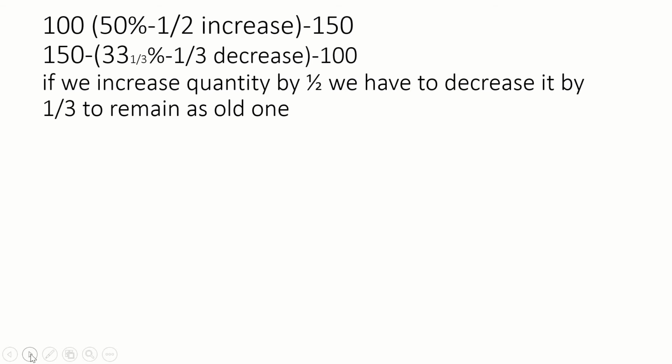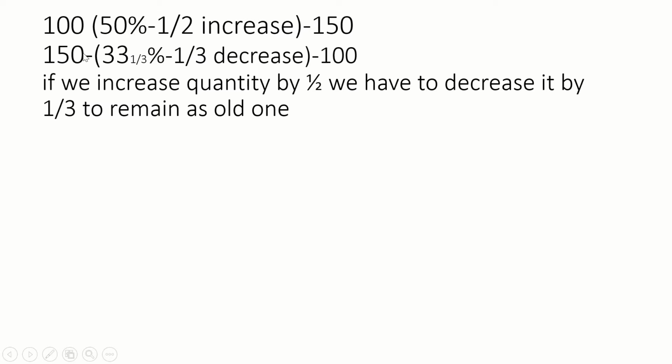In this slide we will see the basic things. If 100 is increased by 50%, it will become 150. Means if 100 is increased by half amount, 50 being the half amount, then it will become 150.